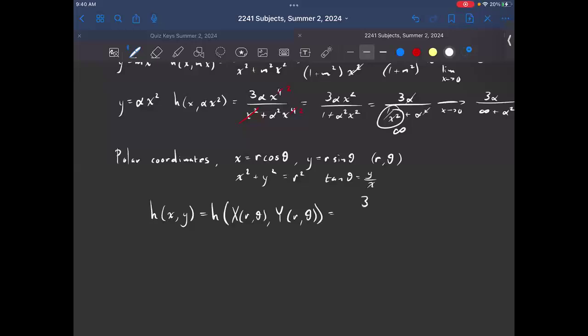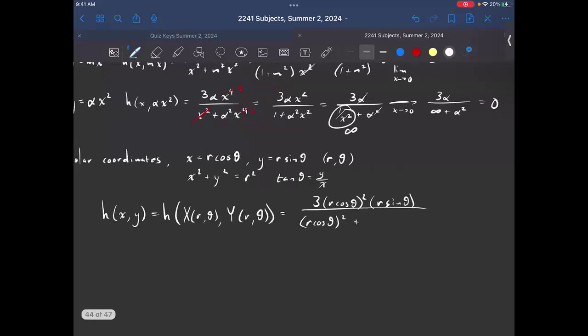Well, we have 3x squared, which is r cosine of theta squared, times y, r sine of theta, divided by r cosine of theta squared plus r sine of theta to the fourth power.